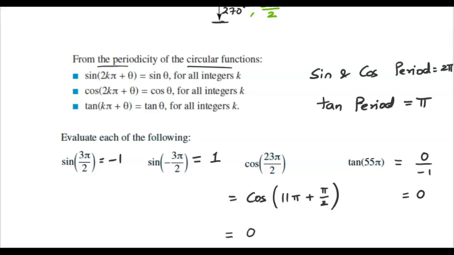What these statements are referring to is that every time you do a 2 pi rotation on the unit circle, you get back to the same value for sine. And every time you do a 2 pi rotation for cos, you get the same value for cos. And for tan ratios, because the period is equal to pi, every time you do a pi rotation, you get back to the same value. So that's what these 3 statements are referring to.